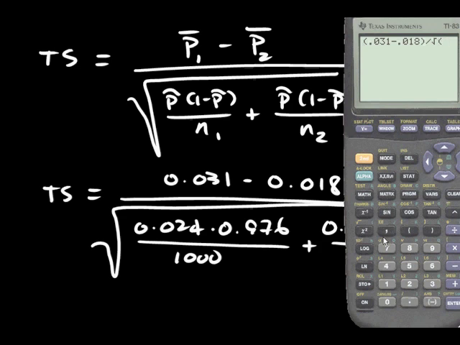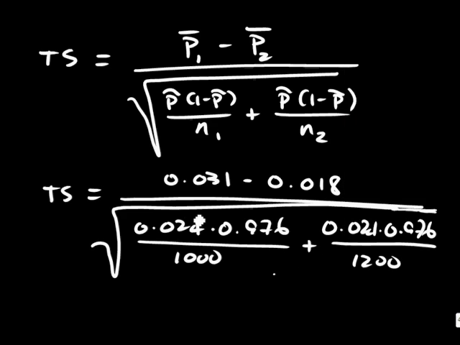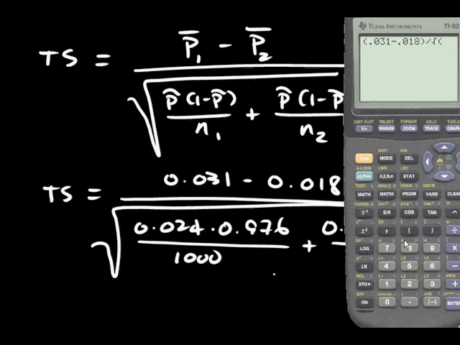So for each product and quotient, I will put an open parenthesis and a closed parenthesis. 0.024 times 0.976 divided by 1,000, close the parenthesis, plus open parenthesis 0.024 times 0.976 divided this time by 1,200.